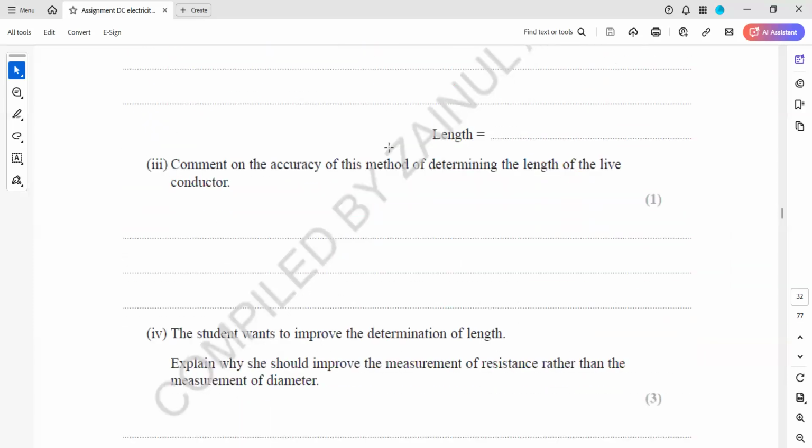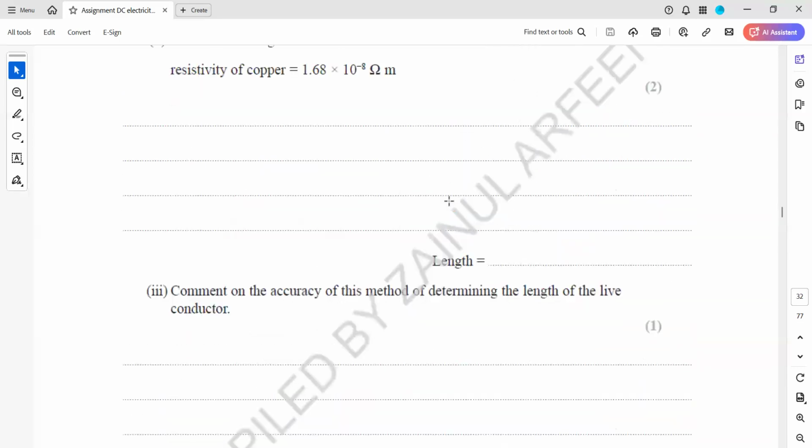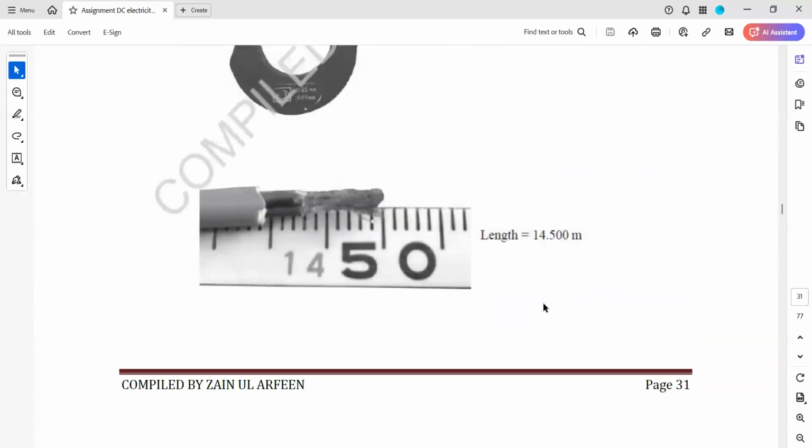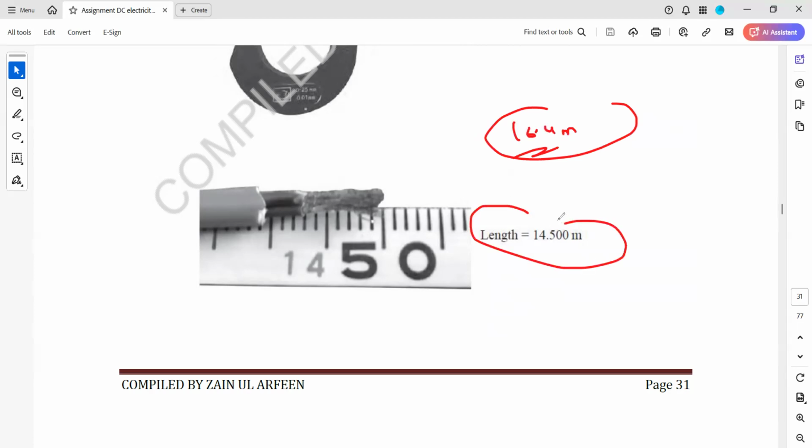Comment on the accuracy of this method of determining the length. According to this method we got 16.4. 16.4 is the length which we got according to the calculation of the resistance, and the measured length is 14.5.